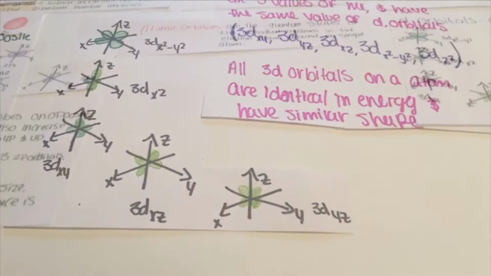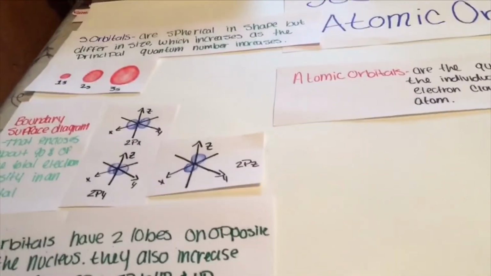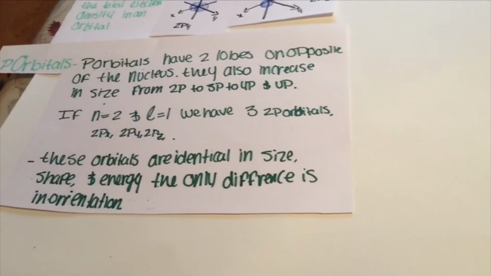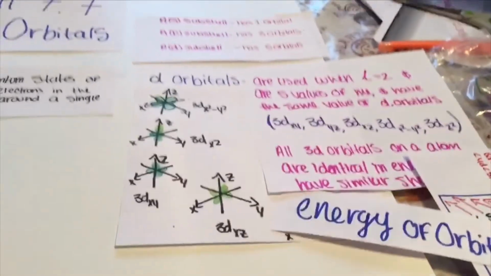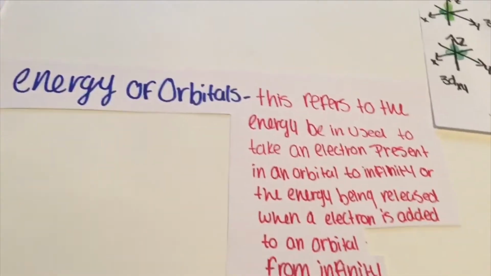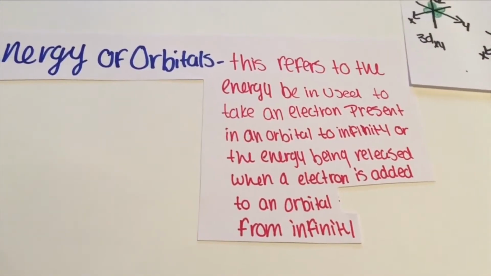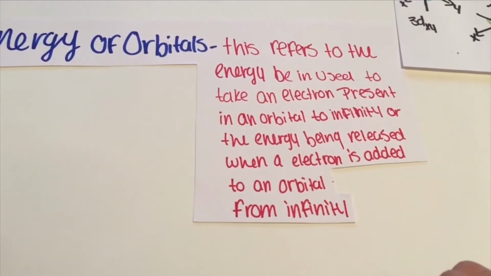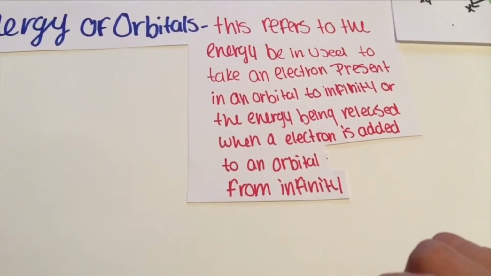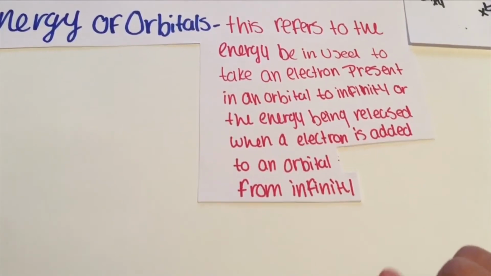And now that we have identified the s orbitals and the p orbitals and the d orbitals, we would go on and continue with the energy of orbitals. This refers to the energy being used to take an electron present in an orbital to infinity, or the energy being released when an electron is added to an orbital from infinity.